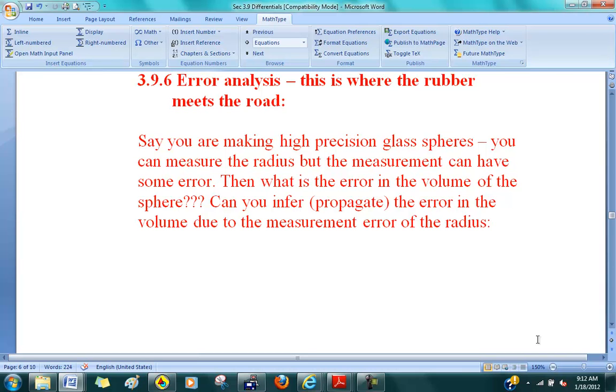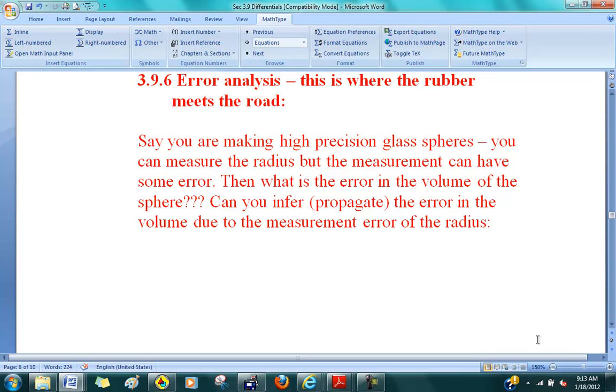You can measure the radius by getting a caliper, putting it at the ends, and finding the diameter, and you get the radius out of that. So that way you can measure the error you've made in the radius. But that error in the radius is going to result in an error in the volume of the sphere, because the volume depends on the radius.